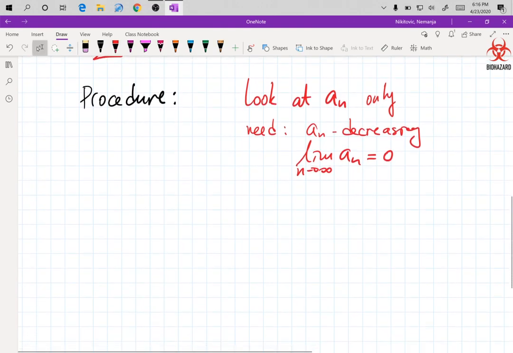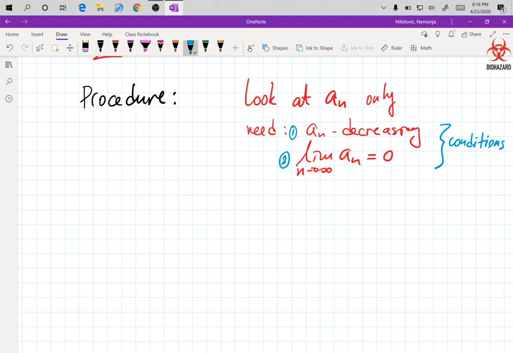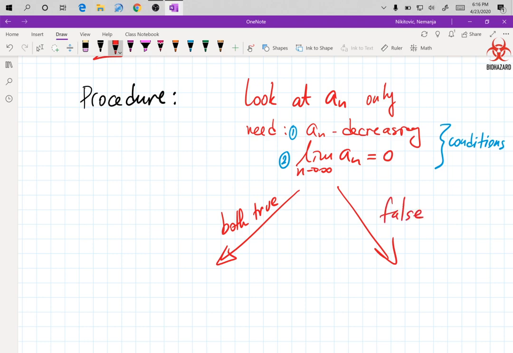So these are the two conditions. You have to check those: condition number 1, condition number 2. So either both are true or something is false.